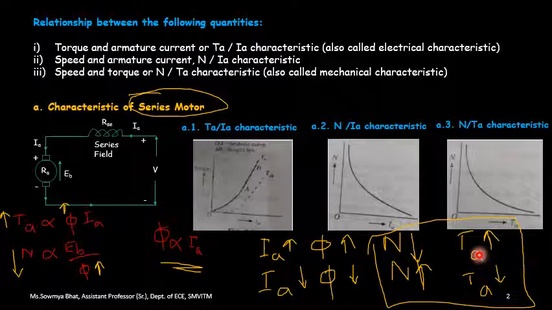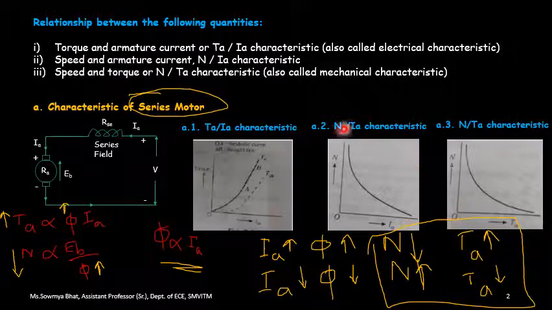But if you don't start with the mechanical load on it, that is, for a lighter load, the IA value will be very small, which in turn makes the flux small, and obviously the speed will be dangerously high. Sometimes it may cause severe damage to your motor also.